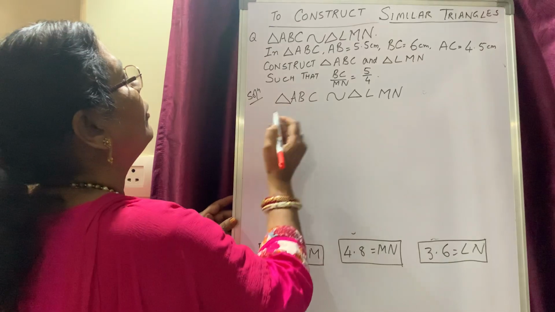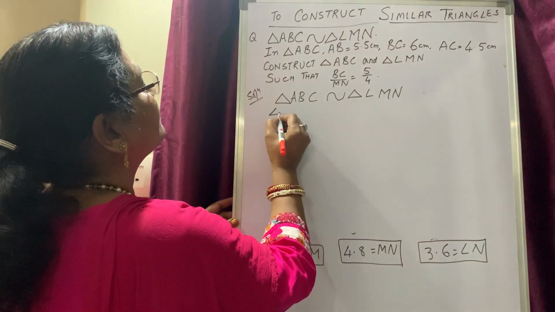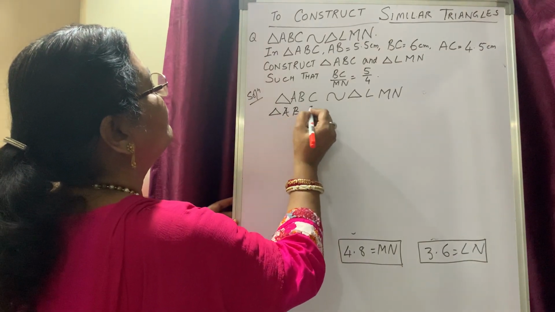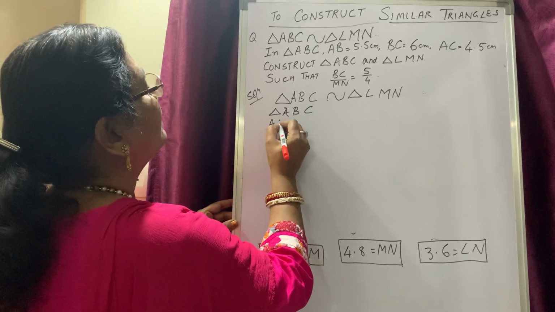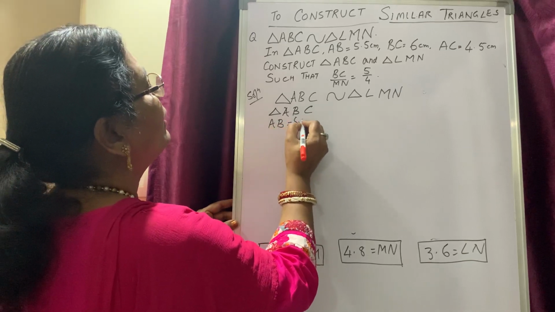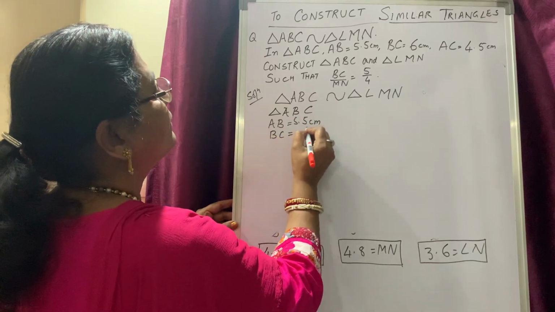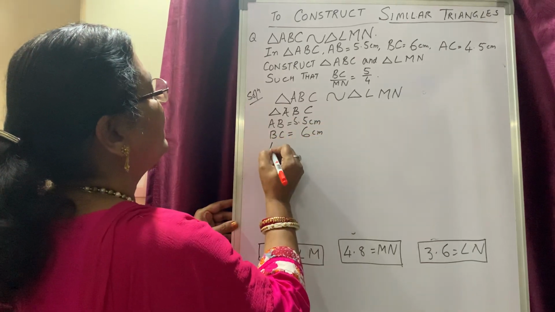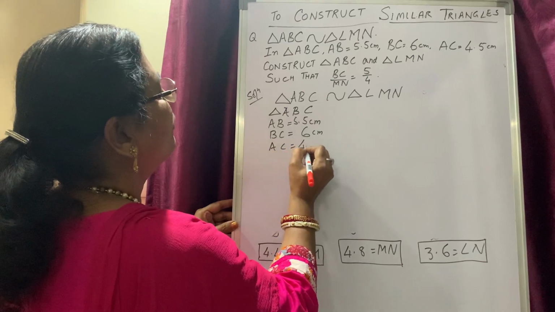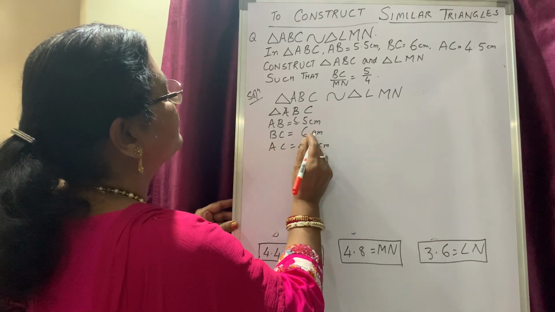So here for triangle ABC, it is given that AB is equal to 5.5 centimeter, BC is equal to 6 centimeter, AC is equal to 4.5 centimeter.